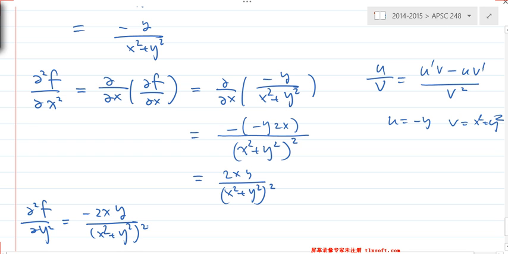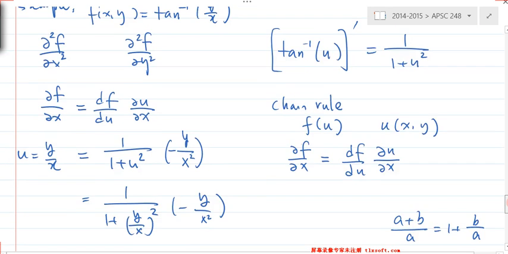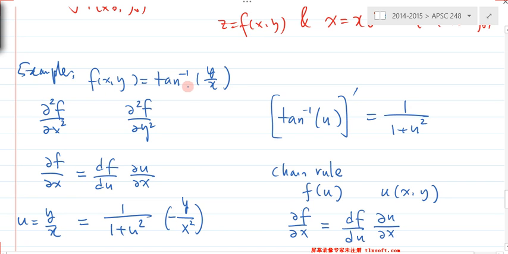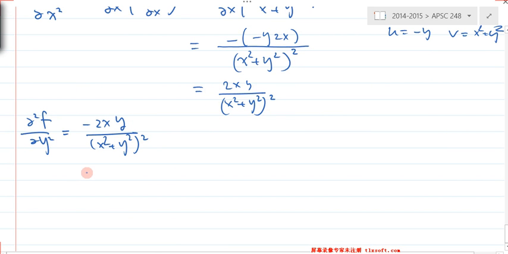So basically, which means the original function, this arctan y over x, satisfies this equation.